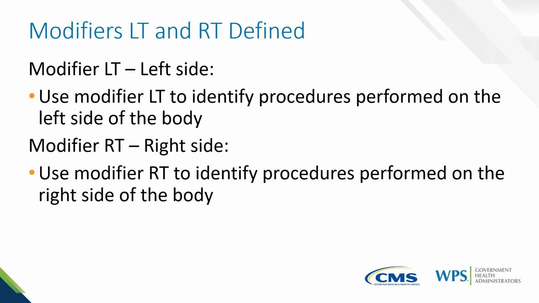So when you're doing a single service like this, always use those LT and RTs. You can also use your anatomical modifiers to specifically identify where this happened. So if you identify left, the LT modifier on that first knee replacement, and then the RT on the second knee replacement, Medicare will not deny that.